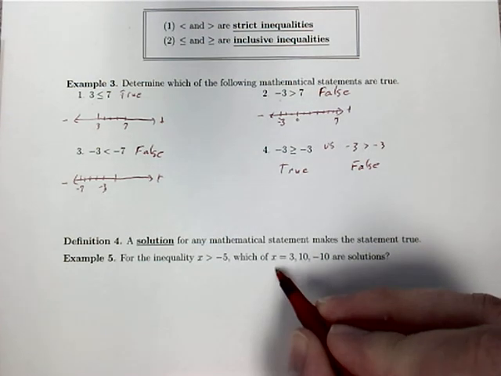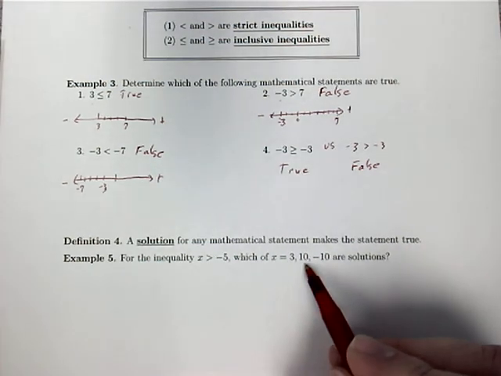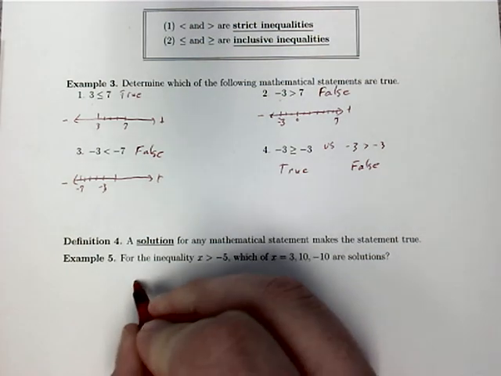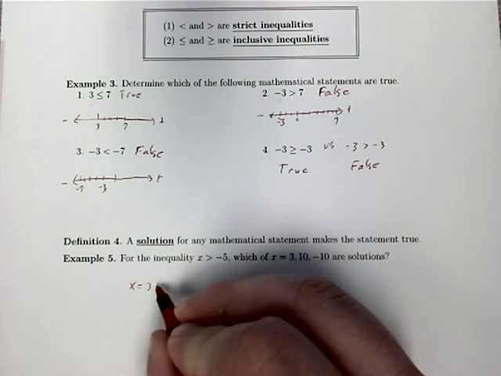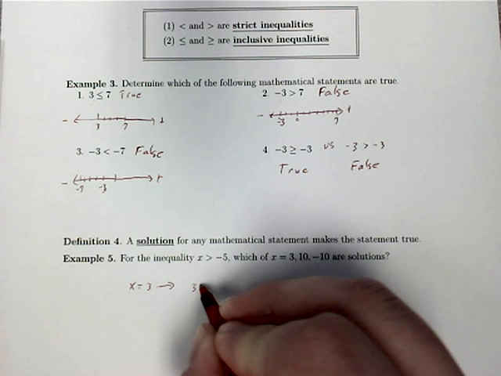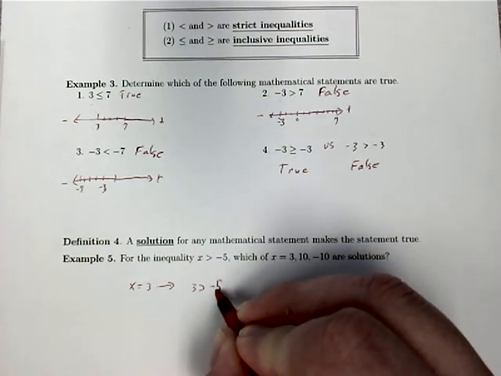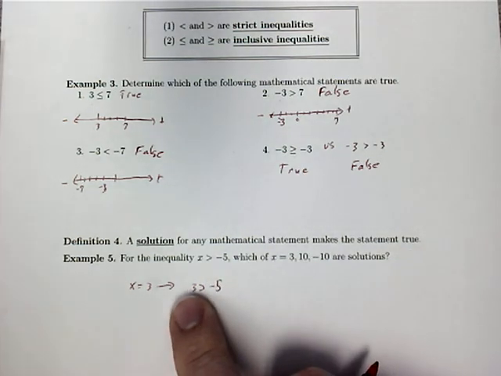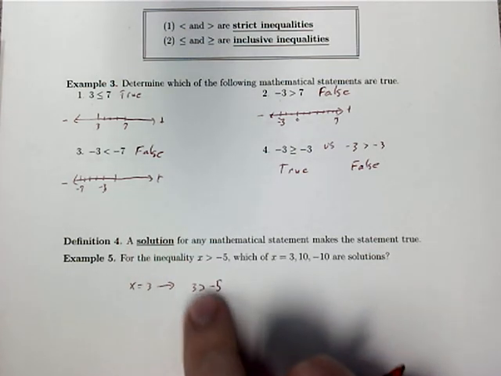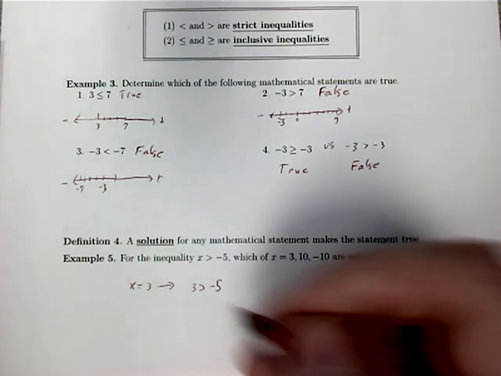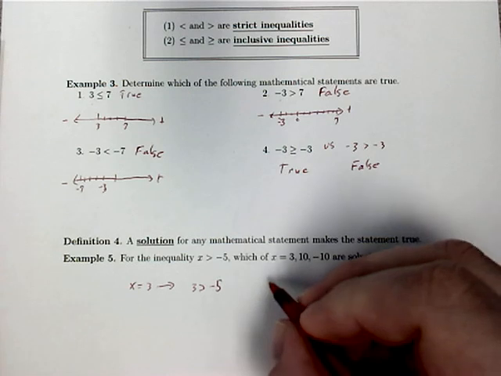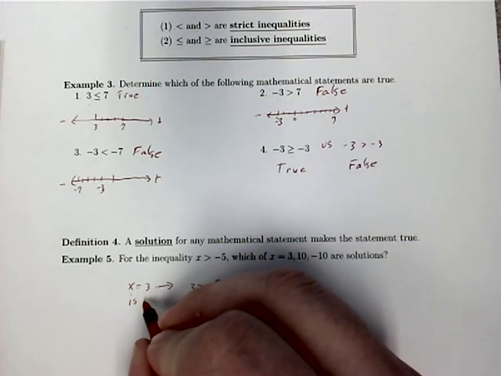So which of x equals 3, 10, and negative 10 are solutions? So x equals 3, well, is 3 greater than negative 5? Well, 3 is more on the right of the number line or more positive than negative 5, so yes, it's true. So x equals 3 is a solution.